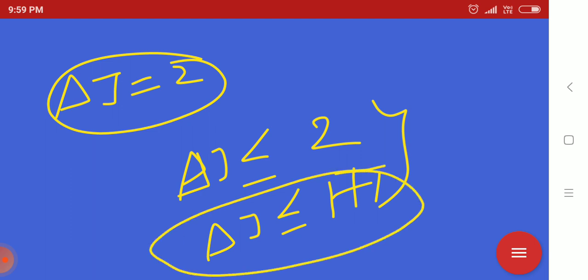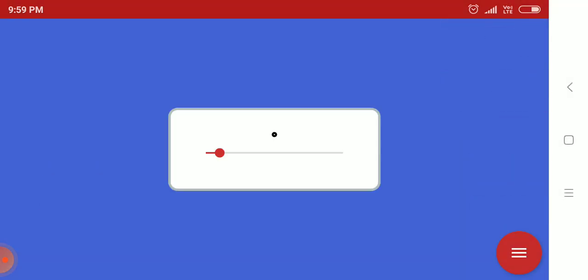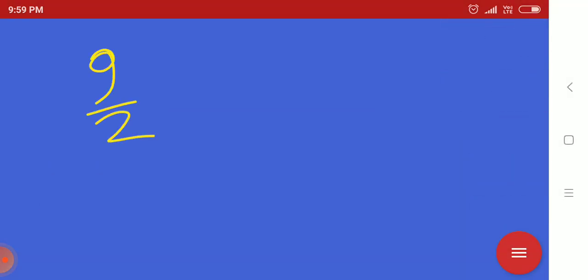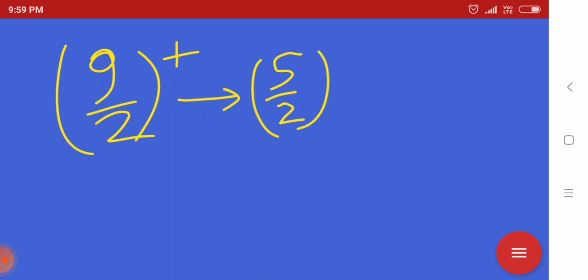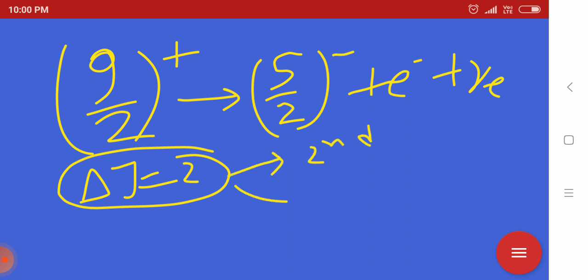In our nucleus, it was 9/2 plus changing to 5/2 minus, with an electron and neutrino, and we got delta J equal to 2. So should we call it second forbidden or first forbidden?